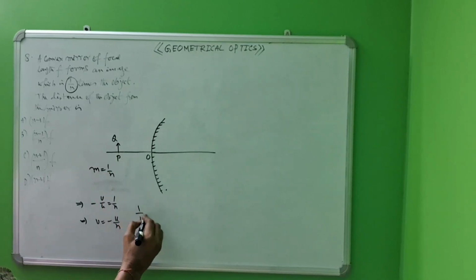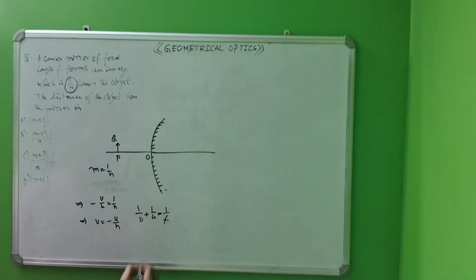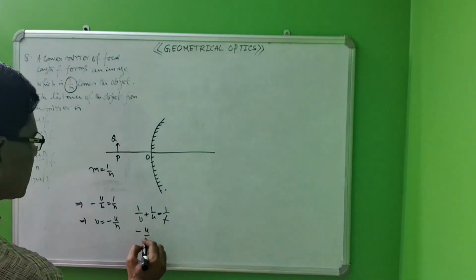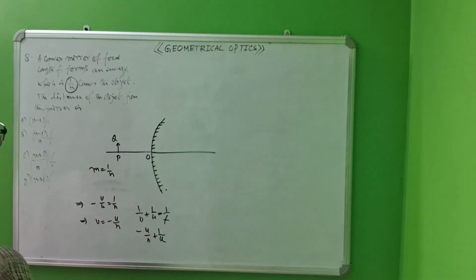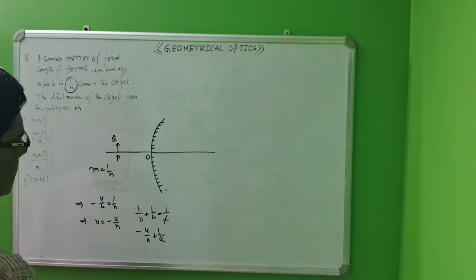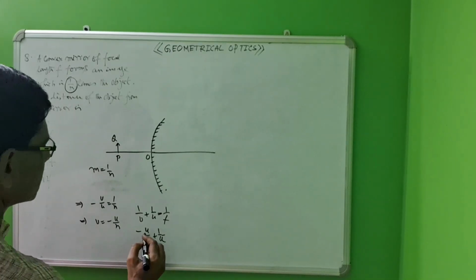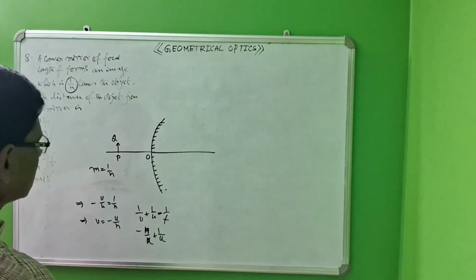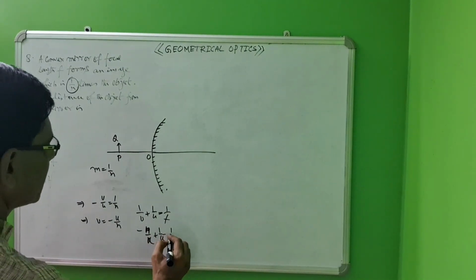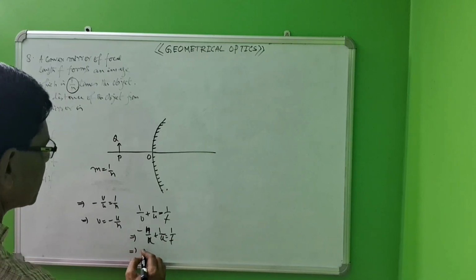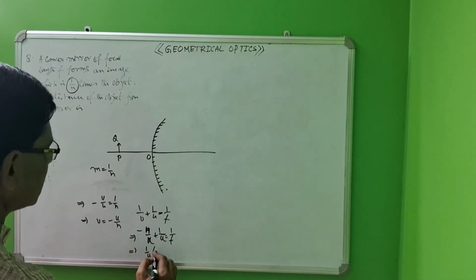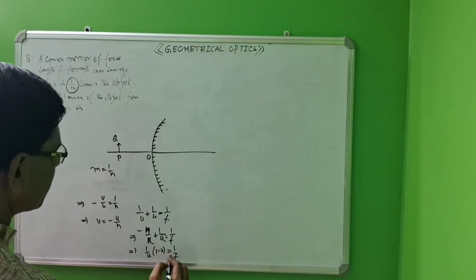Put this in the general mirror equation for the curved surface, 1 by v plus 1 by u equals 1 by f. We get minus n by u plus 1 by u equals 1 by f, implies 1 by u into 1 minus n equals 1 by f.